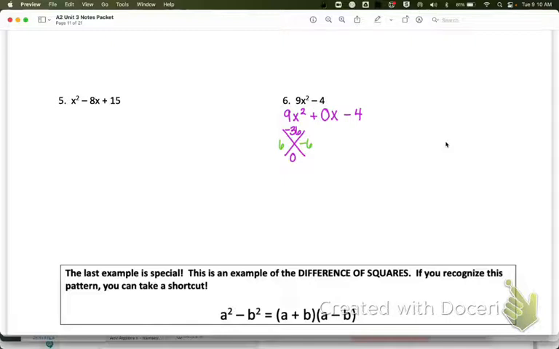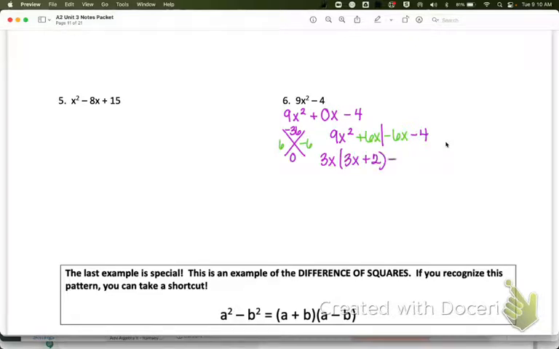So what we're going to do is take the 9x squared, remove the 0x, replace it with plus 6x, minus 6x, and keep the minus 4. Then we split our group of 4 into 2 groups of 2. And we look for a greatest common factor. So out of the first 2 terms, I could divide out a 3x. That leaves me with 3x plus 2.